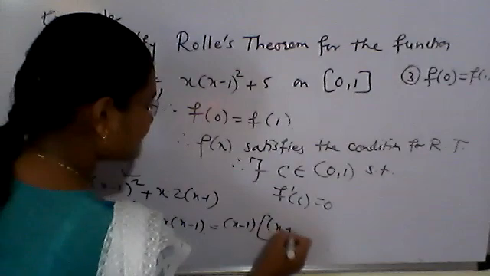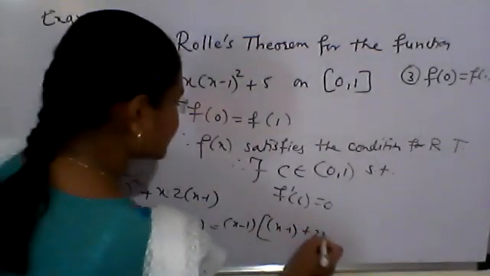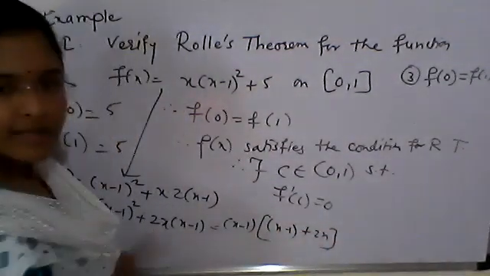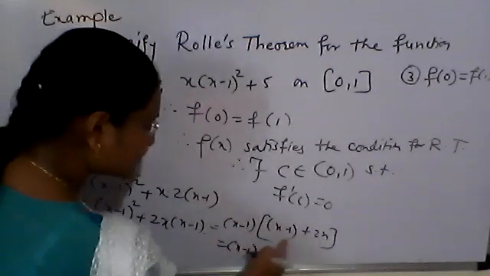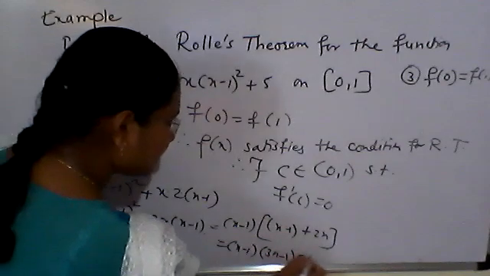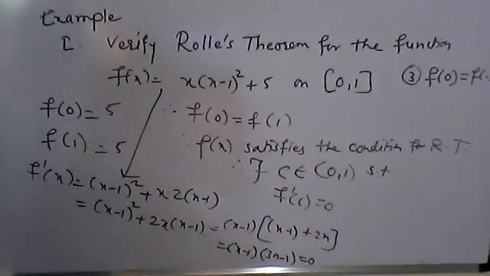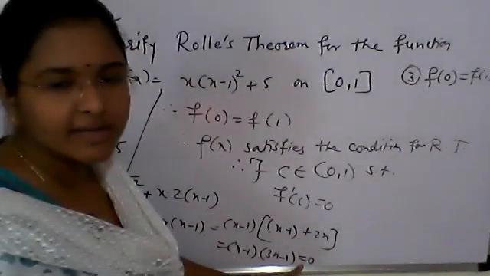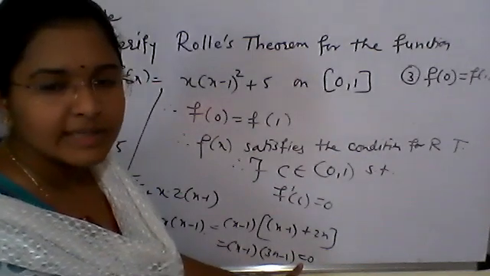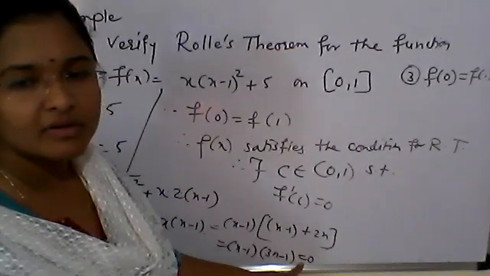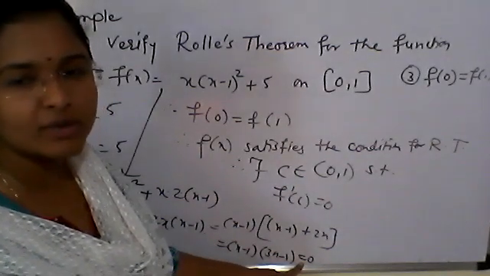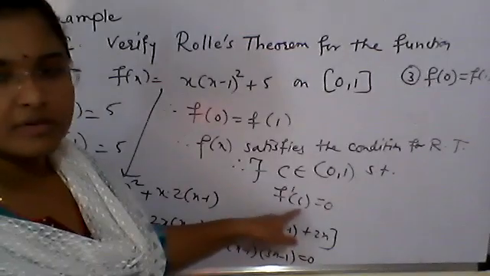So it will be x minus 1 into 2x plus x, which will be 3x minus 1 equal to 0. Any doubt? If we equate this derivative f dash x to 0, we have to equate to 0 now. Yes or no?